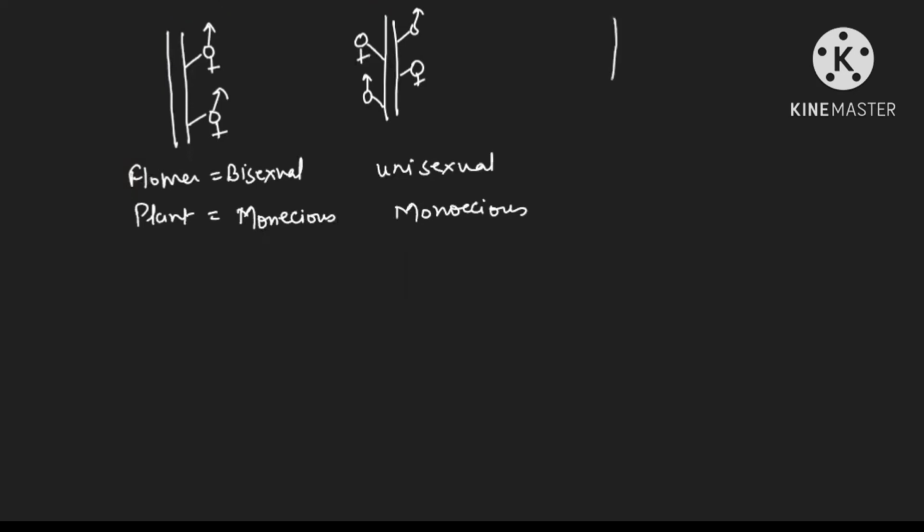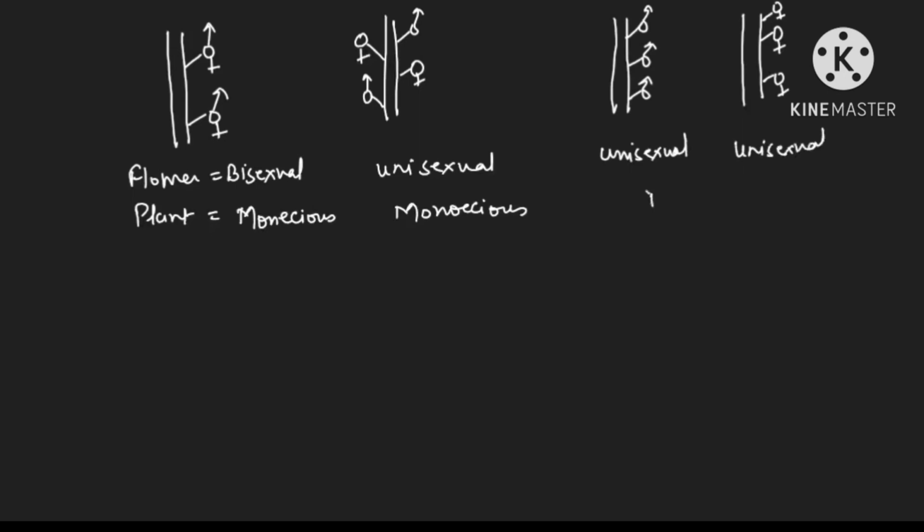Now see here, this is one plant which is only bearing the male flower. Let us assume in the gymnosperms we have studied Cycas. In gymnosperm Cycas there is one male plant and there is an entirely female plant. So it means flowers are again unisexual here. Both sides flowers are unisexual, but now we will say the plant is dioecious because we want two plants for producing the seed.